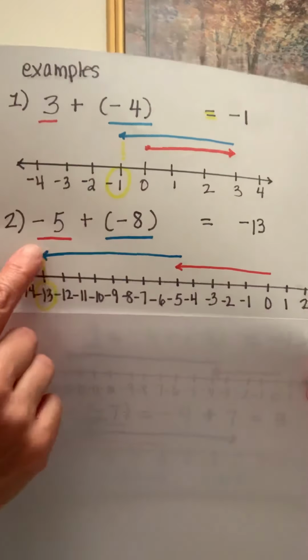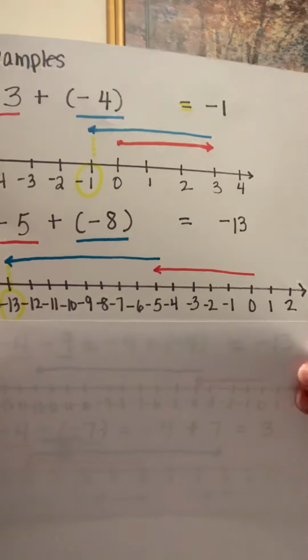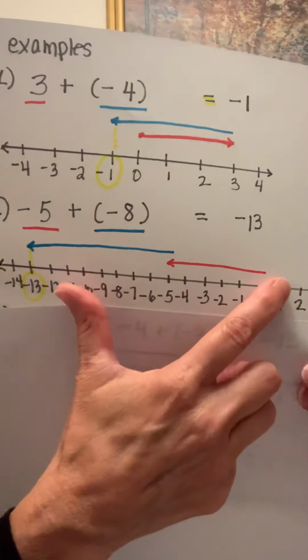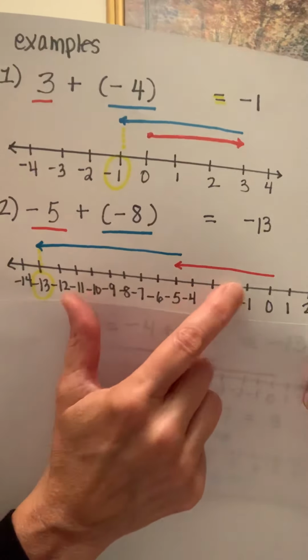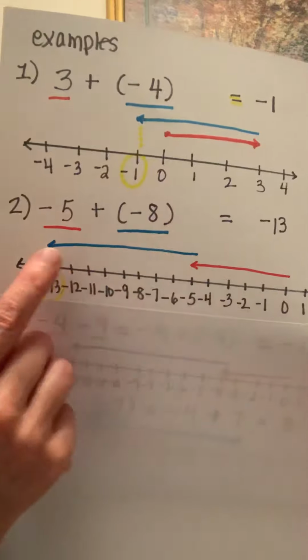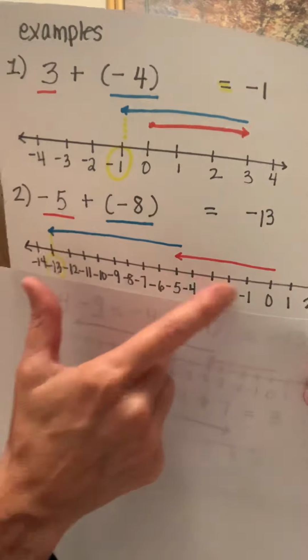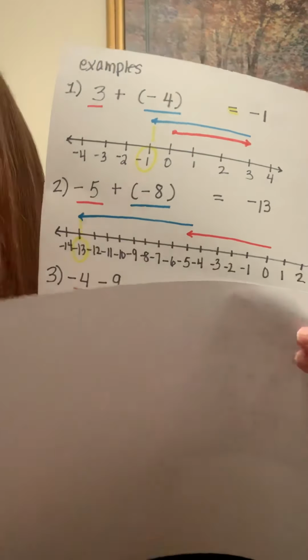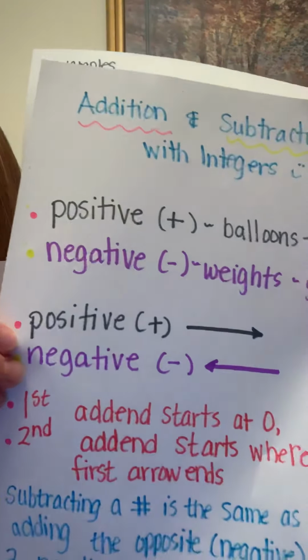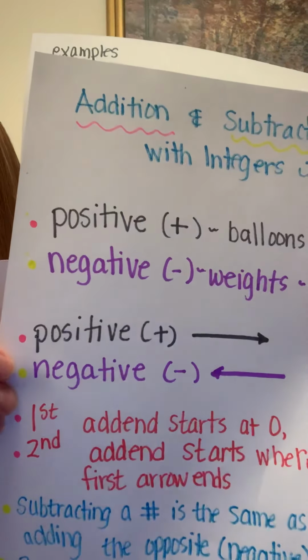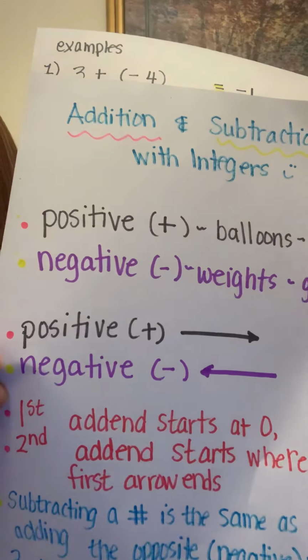Negative 5, that's my first addend. I'm going to start with 0. Now look, this is a negative number, so look at the direction the arrow is going. Look at the direction of the positive.